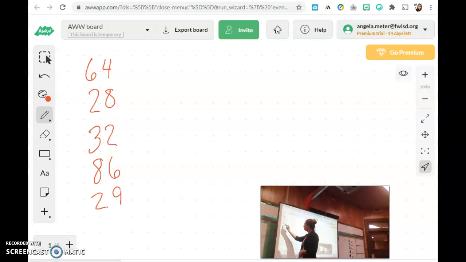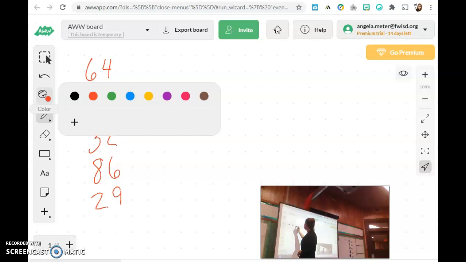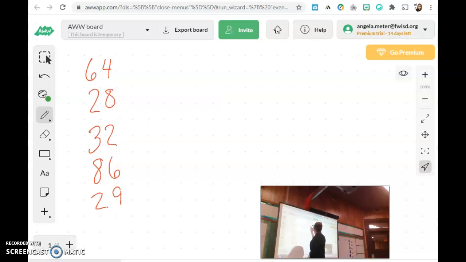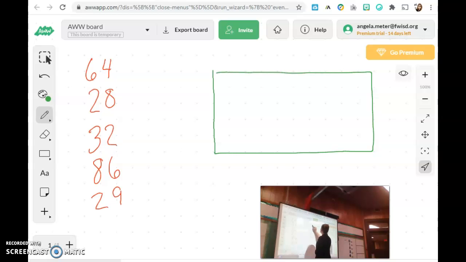What I'm going to do, this is why we have our place value chart, because it helps us to keep track of our numbers very nice and neatly. So I'm going to make this real quickly here. Okay, and in my first spot, I have that ones place value. So I have that ones place.